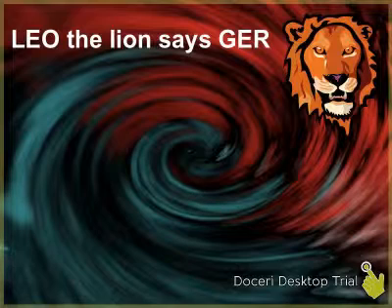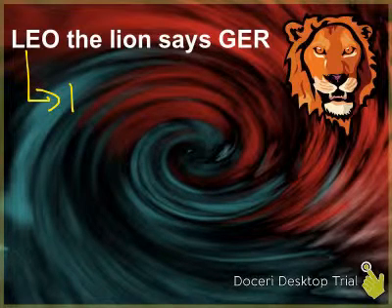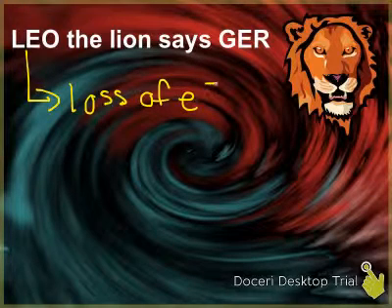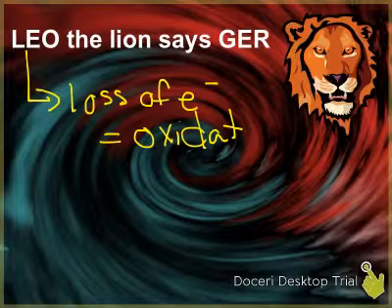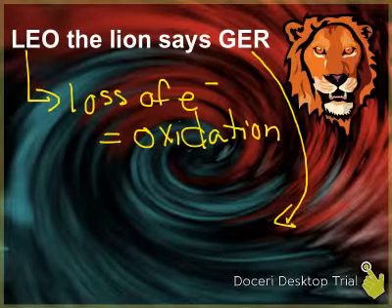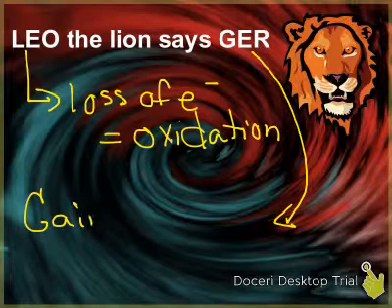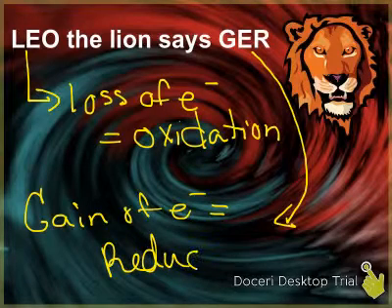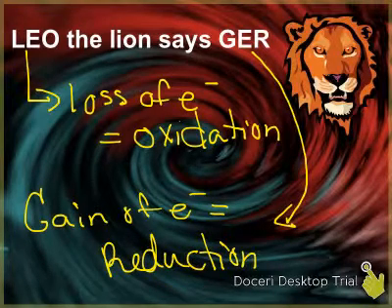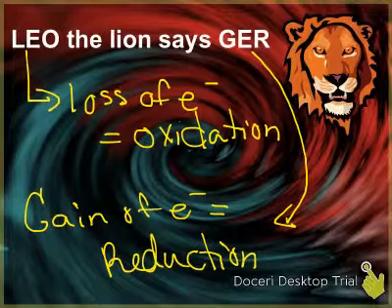So Leo, loss of electrons equals oxidation. Gain of electrons equals reduction. Leo the lion says grr. This is one way to remember it.